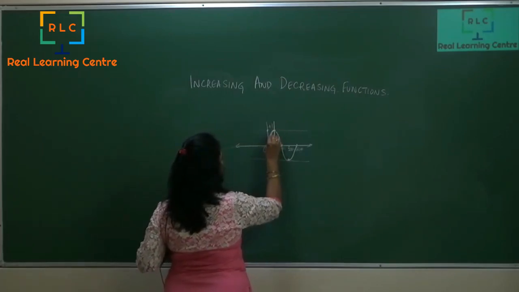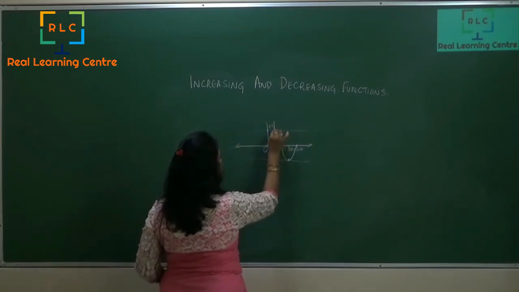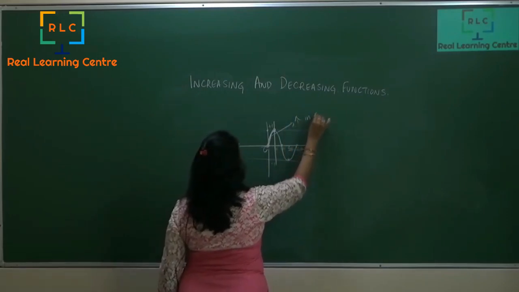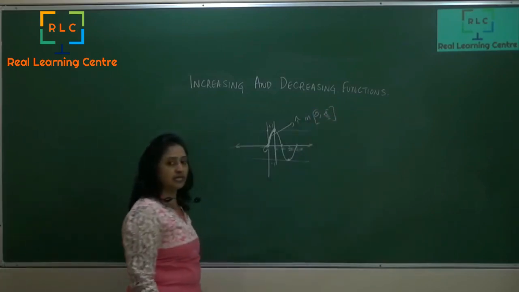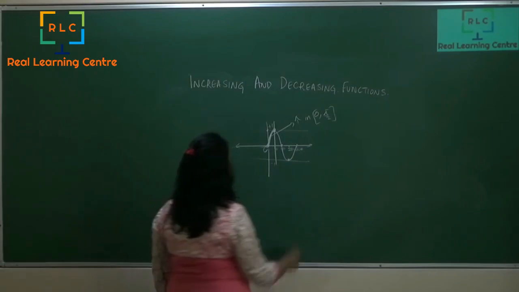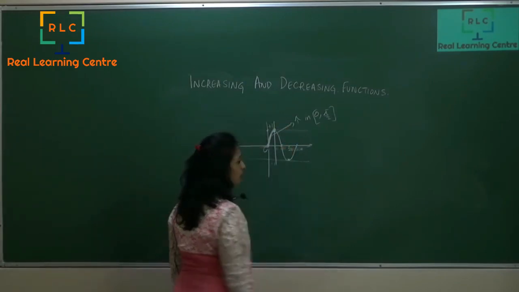See, it is like this, it is like this. So it was here 90 degree, it is here. So in this part it is increasing in 0 to pi by 2. The sine wave has increased from 0 to pi by 2. What about this from pi by 2 to pi? How is it?